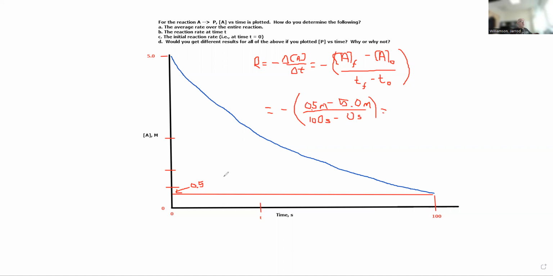So if I go ahead and do that, that's going to be 0.5 minus 5 divided by 100. And then I have another minus sign.